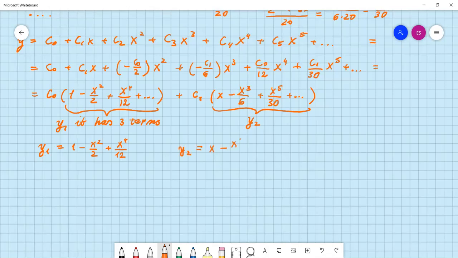And y2 equals x minus x cubed over 6 plus x to the power of 5 over 30. How do we calculate C0 and C1? We calculate them from initial conditions. I'm going to write it down somewhere. So C0 and C1 are calculated from initial conditions.